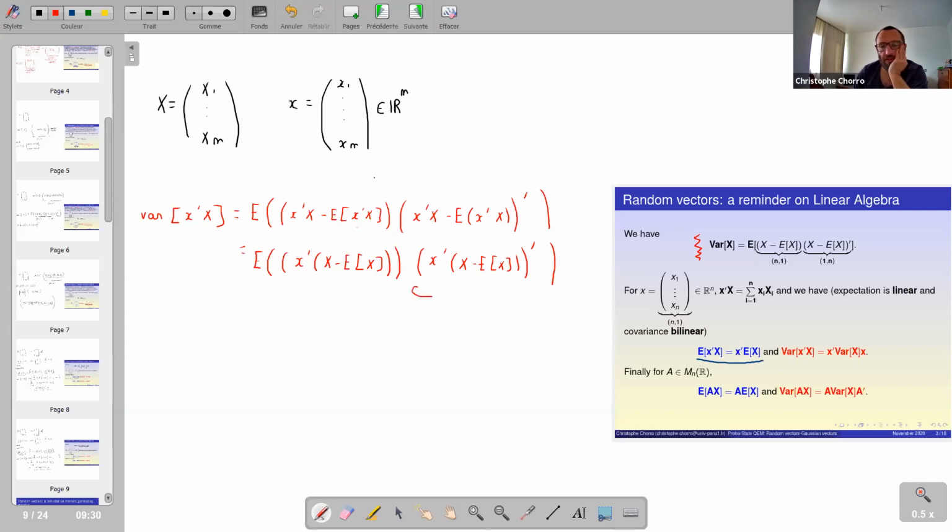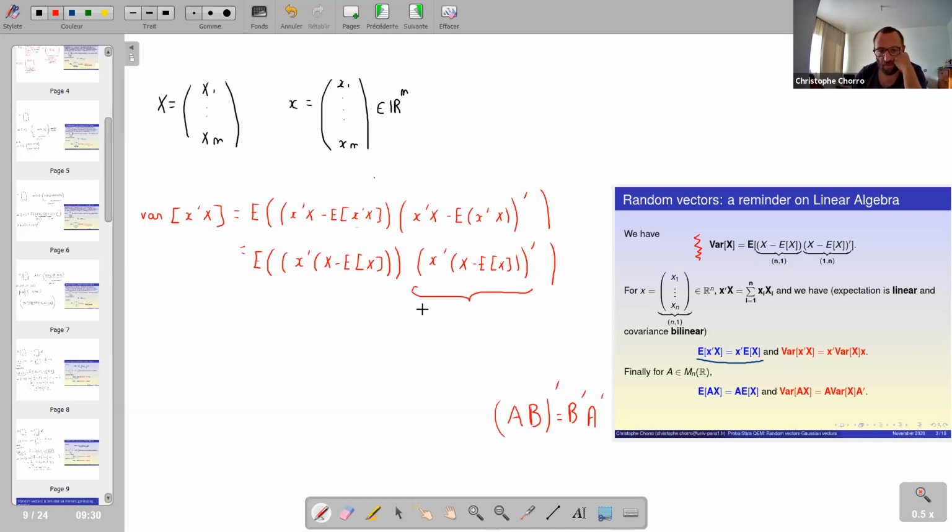Here we are going to use a little trick concerning transpose. When you have two matrices A, B such that the product makes sense, (AB) prime is equal to B prime A prime, in fact. So when you compute the transpose of a product, it's the product of the transposes, but the order is reversed between A and B.